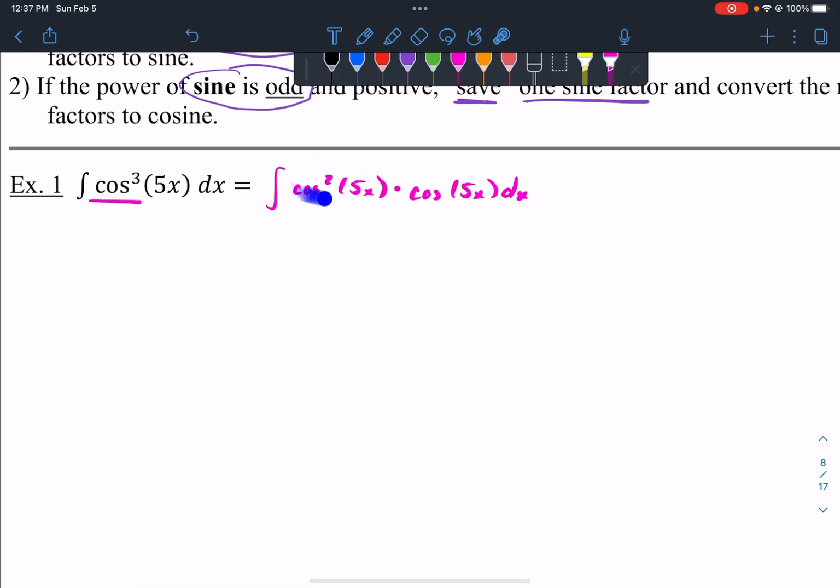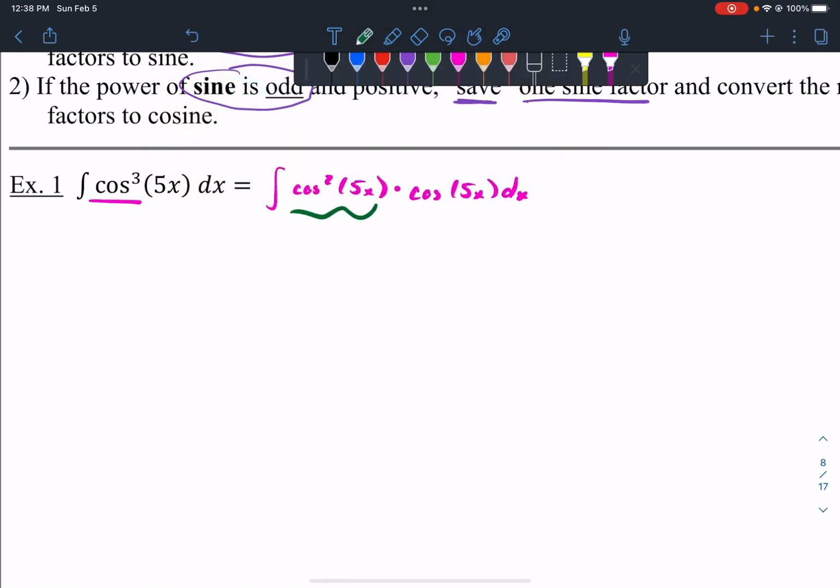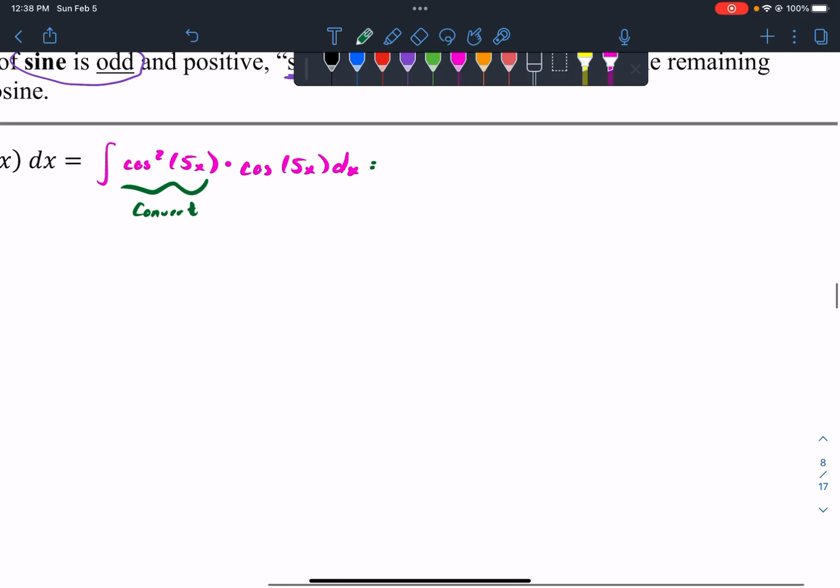So if I can replace this with something having to do with sine, I'll probably be able to manipulate this into a u sub scenario. That's what I'm trying to get to. So what we want to do here is convert using the Pythagorean identity. So when we rewrite this, we're going to have 1 minus sine squared of 5x times cosine of 5x.